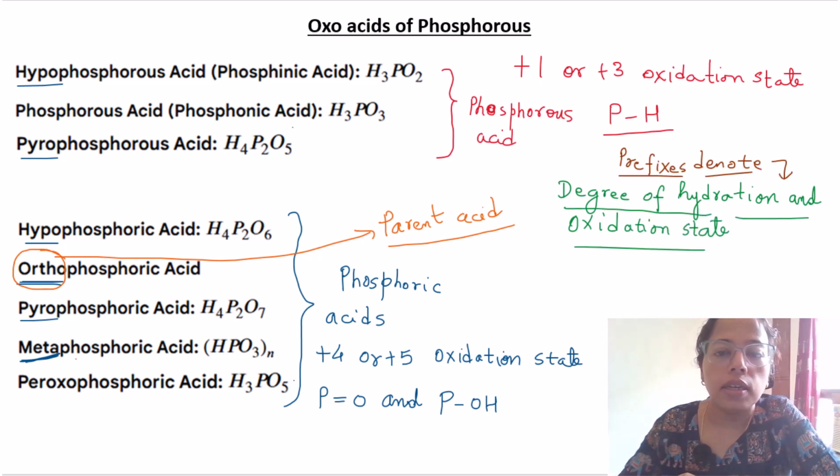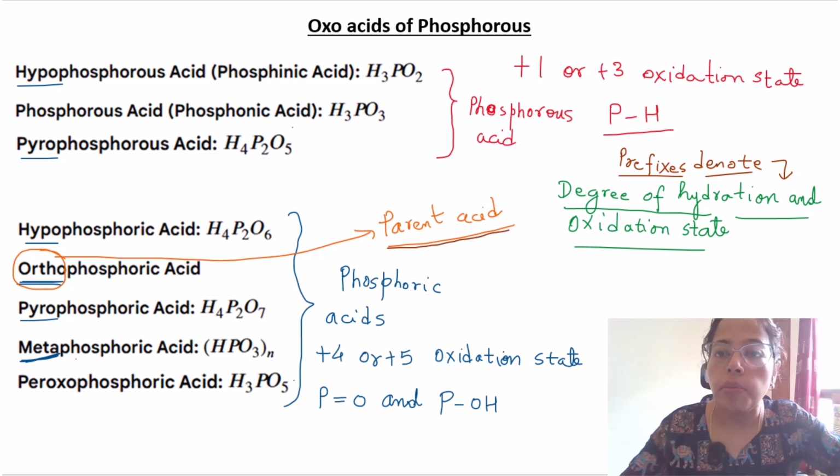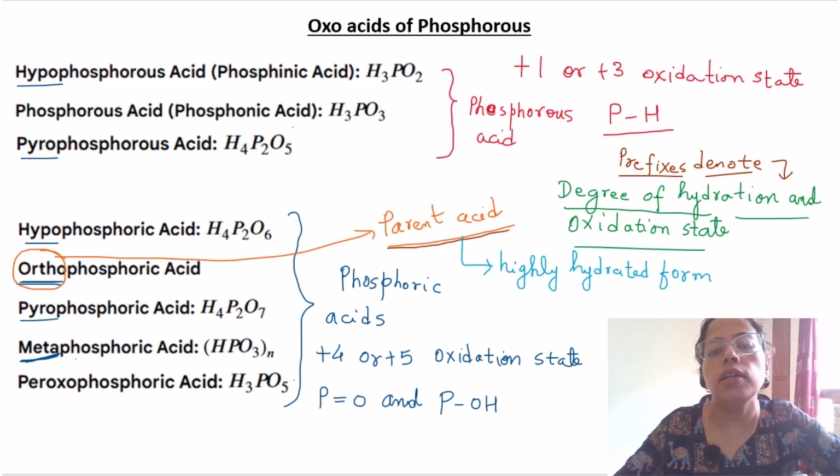And among these, the orthophosphoric acid is the parent acid. Why parent acid? Because this is the highly hydrated form of the oxoacids of phosphorus. And since orthophosphoric acid is the parent acid because it is the highly hydrated form of the acid, the rest of the oxoacids of phosphorus are derived from orthophosphoric acid by the removal of water molecules.